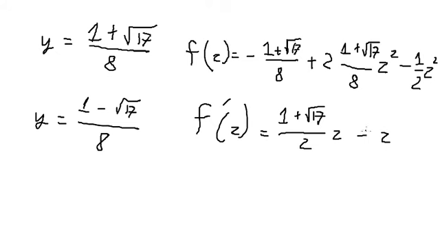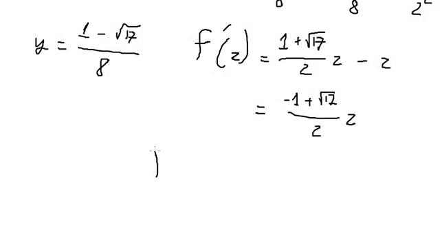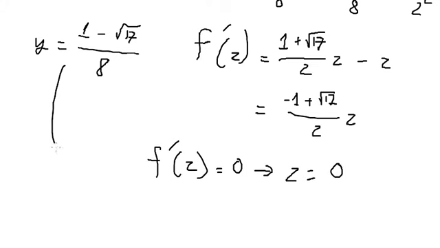So this one and this one we can simplify, and we have negative 1 plus 17 over 2 z. So we put this one equals 0. So we have z equals 0. Now we can do the same similar, and you get the same final answer like this.